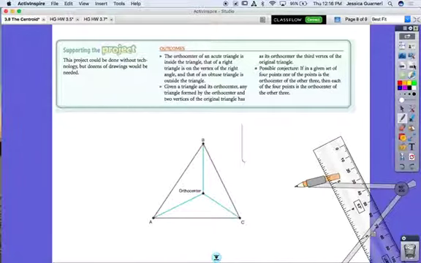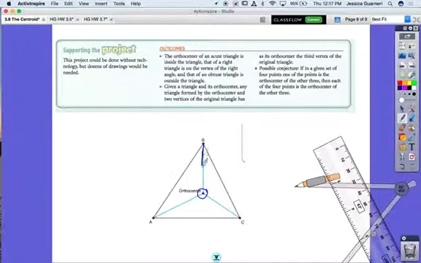Another thing that's interesting about orthocenters is, so I've got triangle ABC right here. The orthocenter of ABC is inside and it's right here. Now it's acute, so it's inside, right? Let's name the orthocenter.